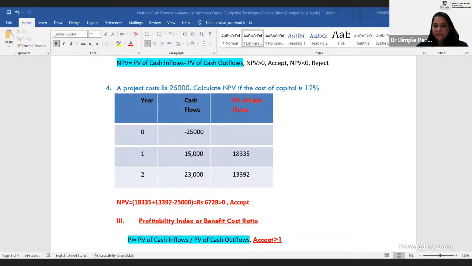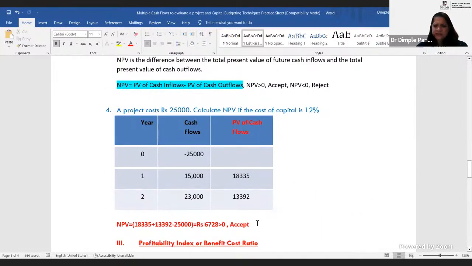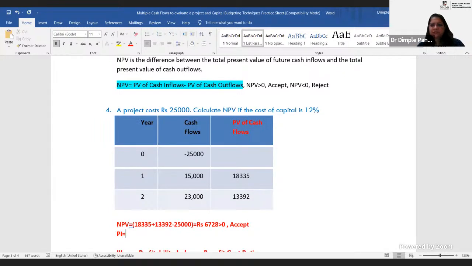Tell me the answer to this one. In fact, this question itself, tell me the PI, same question itself. What is my profitability index? In absolute terms, you will prefer NPV definitely.